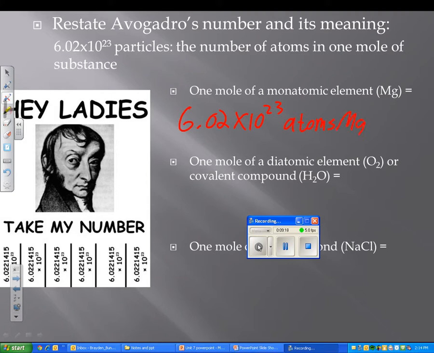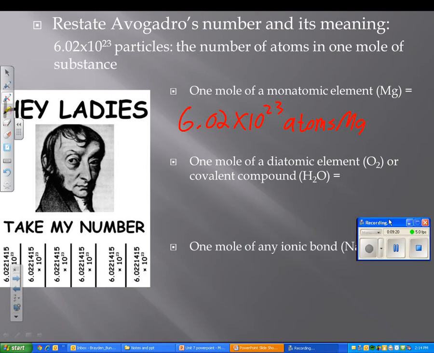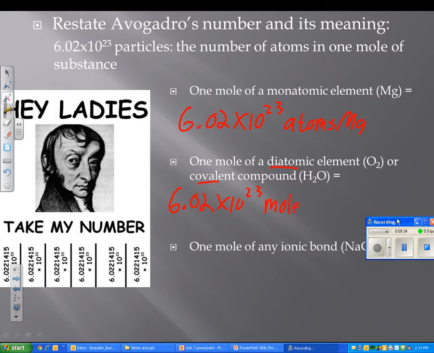If we've got 1 mole of diatomic O2, or covalent compound O2, we've got 6.02 times 10 to the 23rd diatomic covalent molecules, which we will now abbreviate as MLCs, of O2 or H2O. And any ionic bond would have 6.02 times 10 to the 23rd.